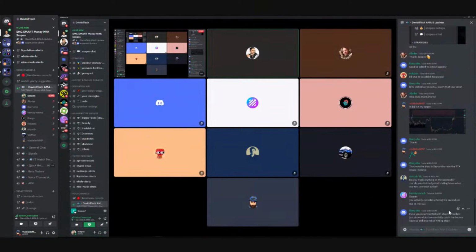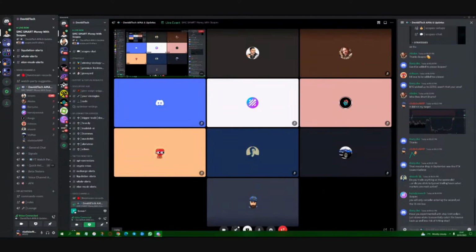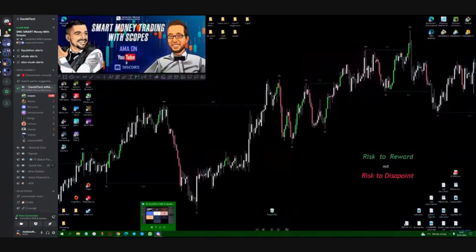Scopes, will you only consider entering the second? Not really. I've taken trades on the hourly.